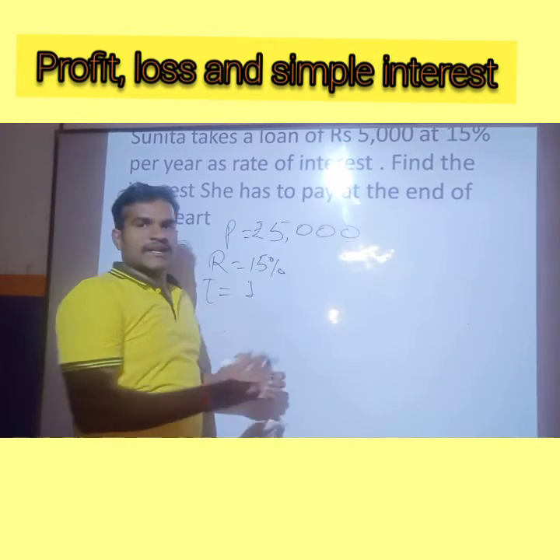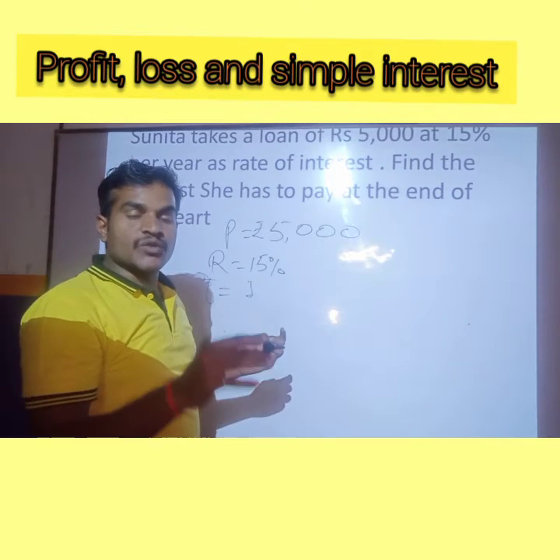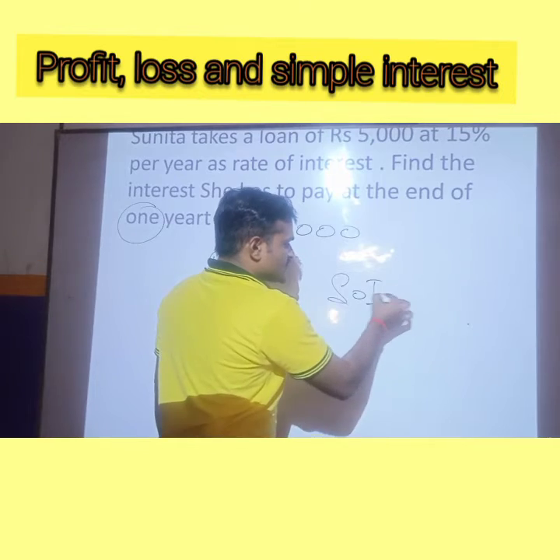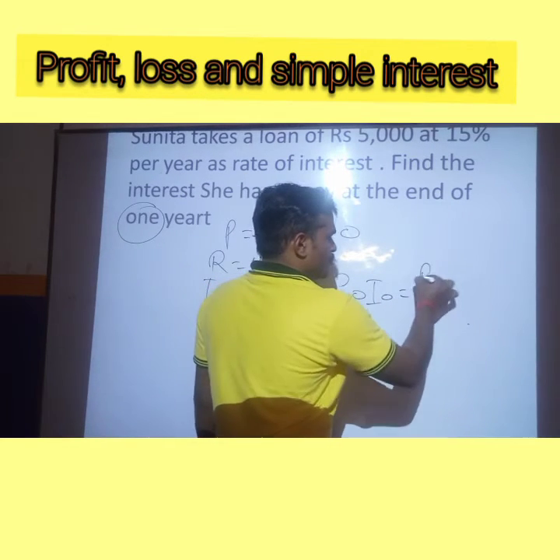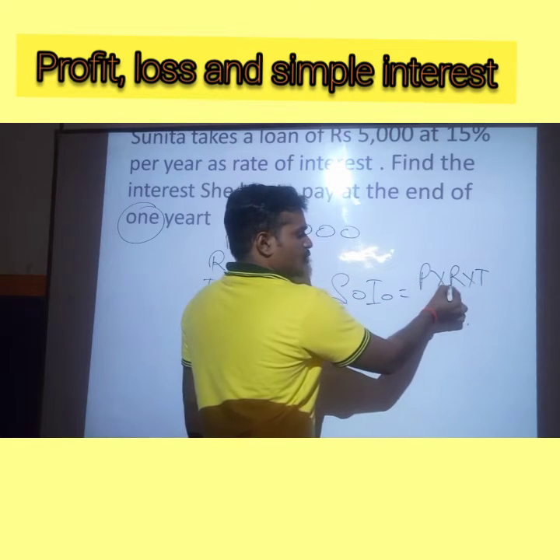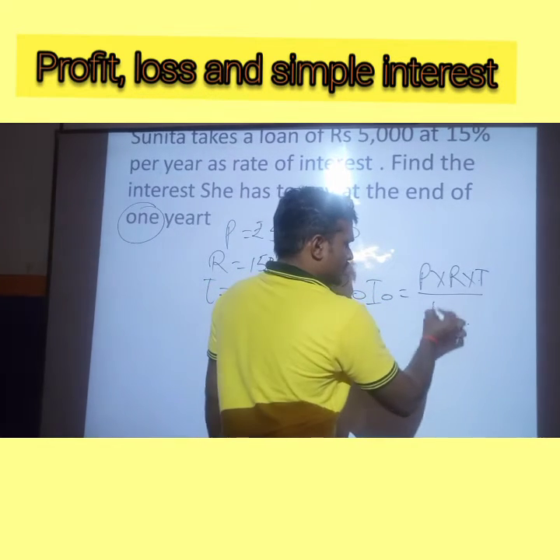As we know, the formula to calculate simple interest is: simple interest is equal to PRT upon 100, means principal into rate into time upon 100.